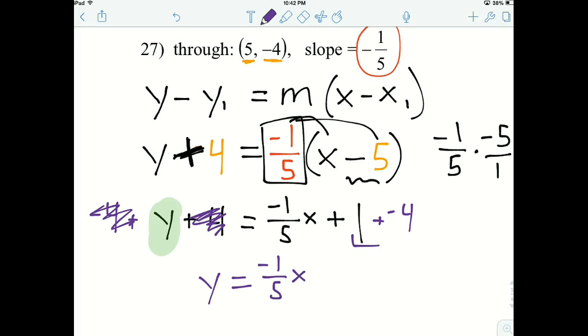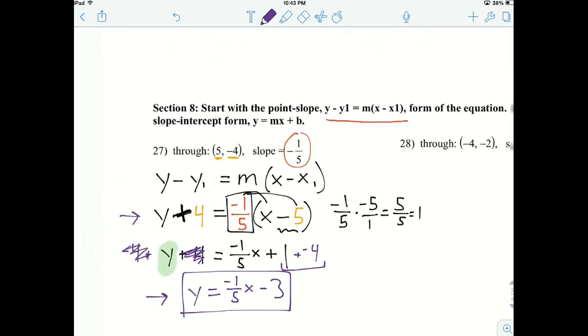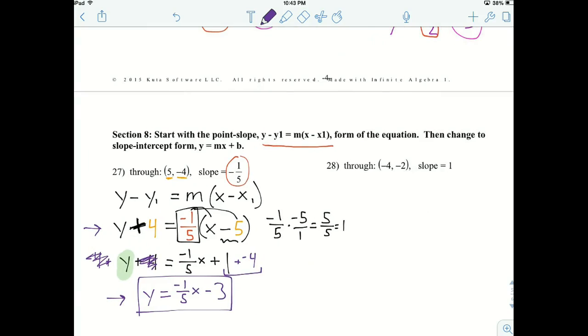And we can see here we have a positive 1 and a negative 4. If we combine our like terms, our constant numbers there, we're going to get a negative 3. So plus a negative 3 or minus 3. This right here is going to be the equation that we got here, except translated into slope-intercept form, one that we can very easily graph from our knowledge of how slope-intercept form will work.